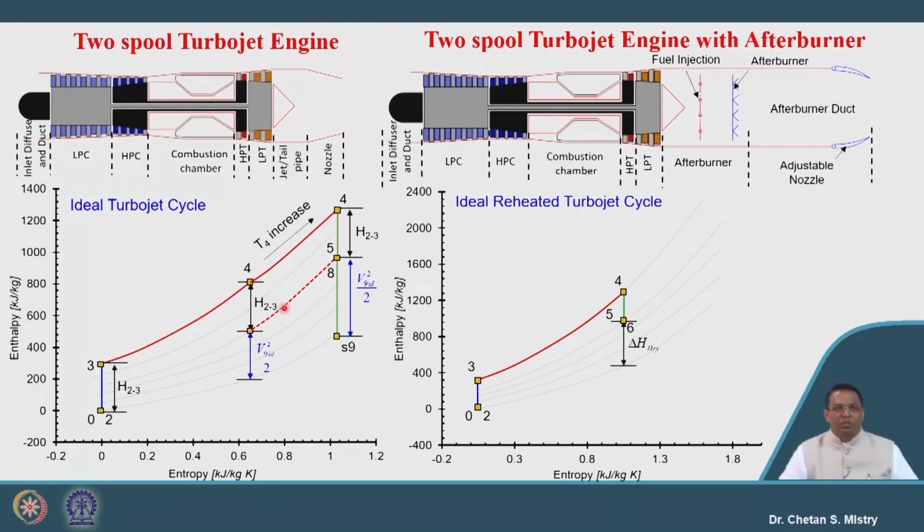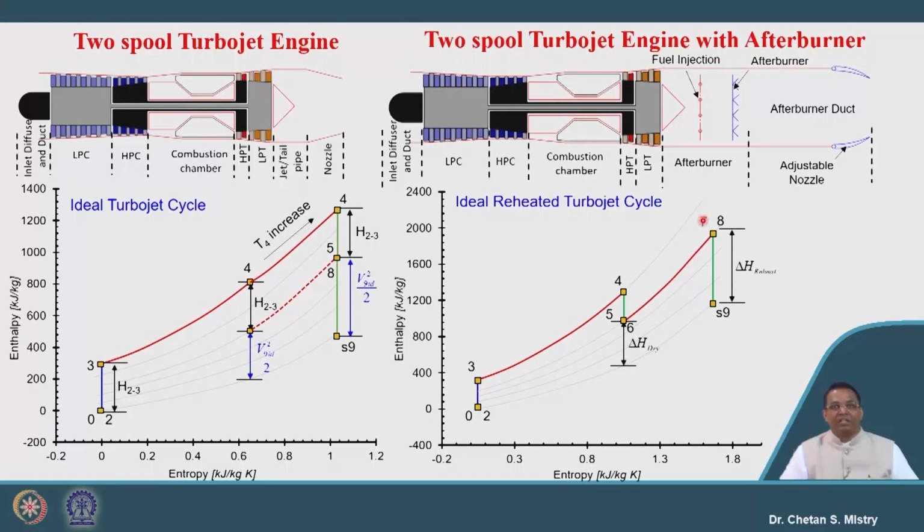As we have discussed, we will add the heat at constant pressure. So, let me put the heat at constant pressure. This represents constant pressure heat addition happening in my afterburner, and I will be able to raise the temperature to say 7 or 8.